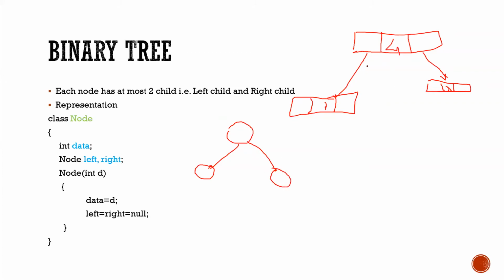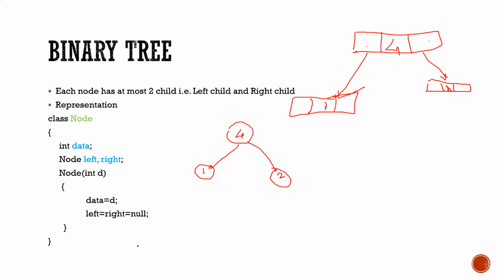These are our links, or in C++ we call them pointers. So root node 4 is pointing towards 1 and 2. How is it pointing? Using two links, this one and this one, or in C++, pointers. With two pointers it's pointing to the two different nodes, 1 and 2.